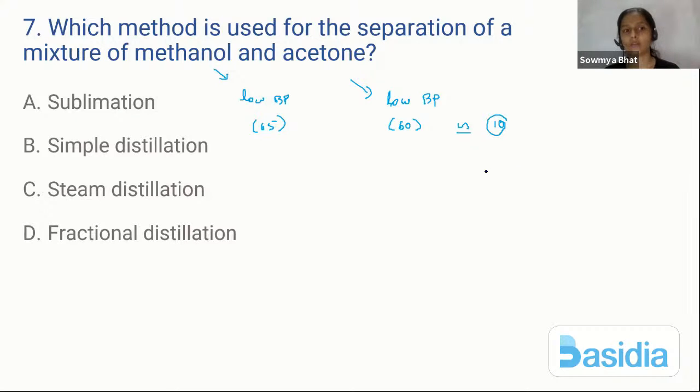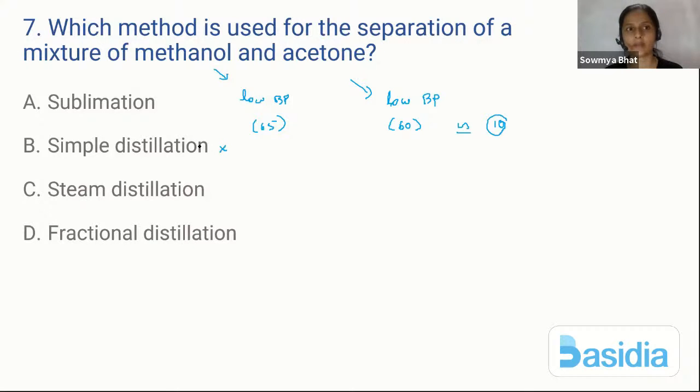So when the boiling point difference is very small, you can't go for regular distillation. In a simple distillation, the difference in the boiling point should be high, so that you boil the mixture, one evaporates, and the other remains in the round bottom flask.